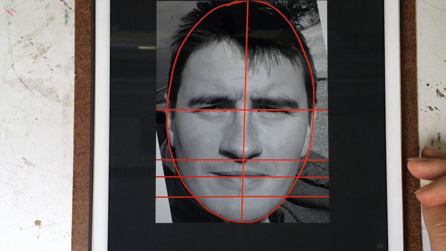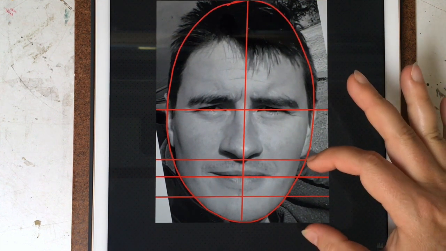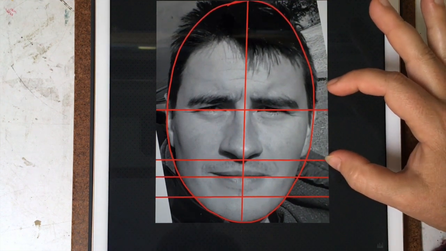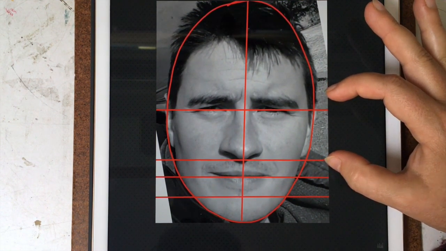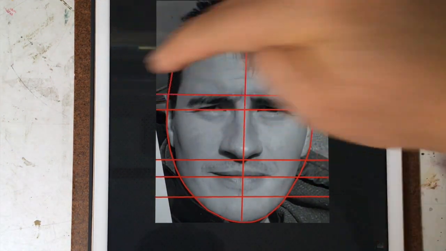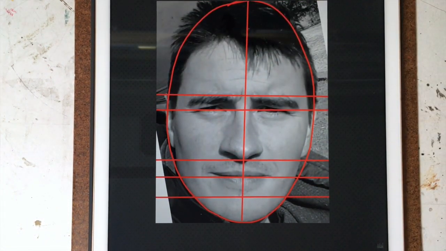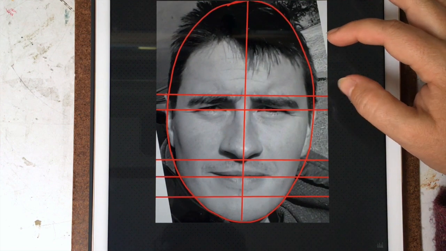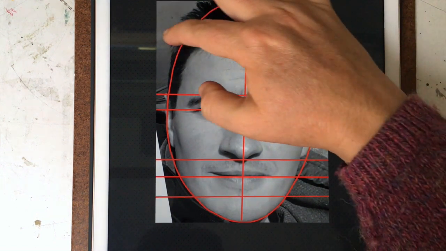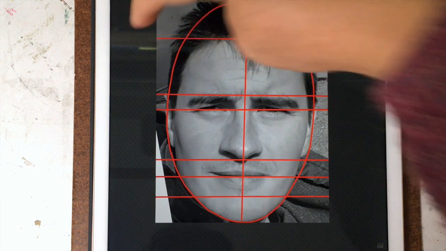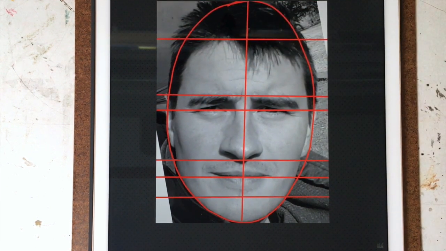So we've got those divided into thirds, and then this space here that we just divided into thirds, if we repeat that space up here and put a line here, that'll give us a guide as to where the eyebrows are. And then we repeat that space one more time right here. That'll give us a general guide as to where the hairline is, which again could change depending on the person.